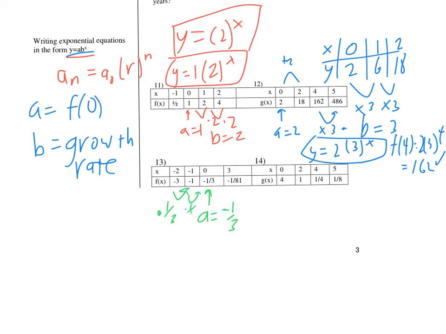Even though all the numbers are negative, they're not changing, and so for that reason I would say this is 1/3, and then this is negative 1/3 out front, to the power of x. Remember that we cannot multiply those two together because of the exponent on the second one, so we're just going to leave our answer like that.